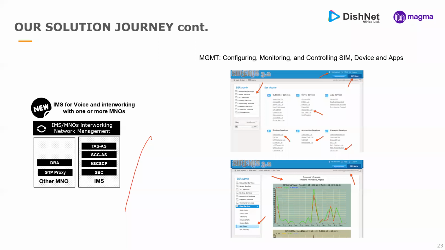We are using Kamailio as an open source IMS for testing right now. It is still not operational, but we are trying to make it operational. So this is how far we have reached with Magma, a real business case, currently working in Africa at least. Thank you.